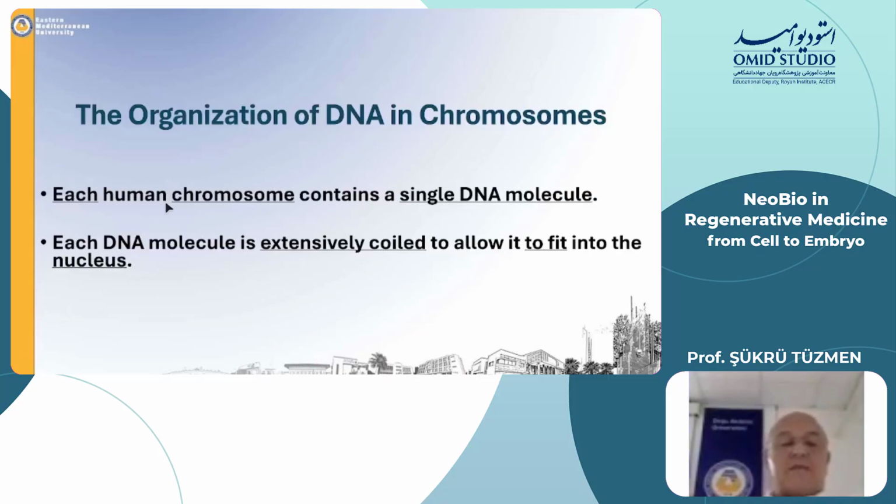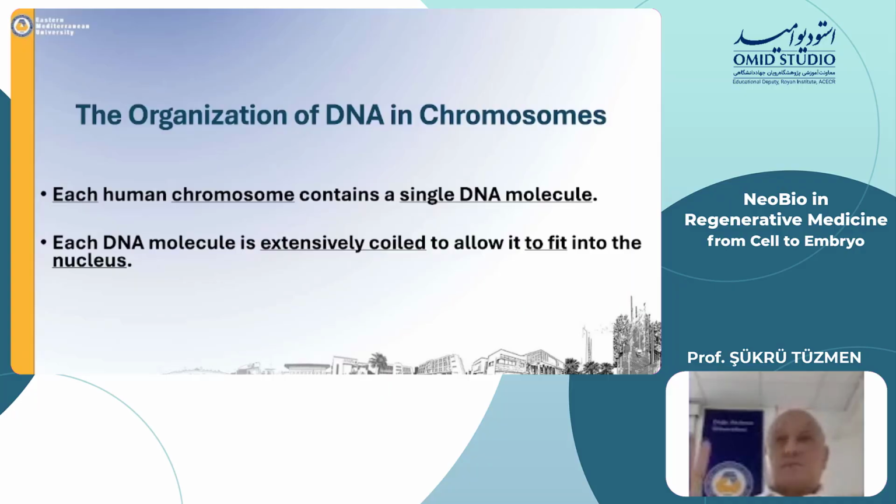So, as I was saying in the karyotype picture, each human chromosome contains a single DNA molecule. Whatever DNA molecule is present in, let's say, chromosome number 5 cannot be found in chromosome number 7 or other somatic chromosomes. They are unique, unless there is an aneuploidy or some abnormality in the chromosome, which is not the topic of today's lecture.